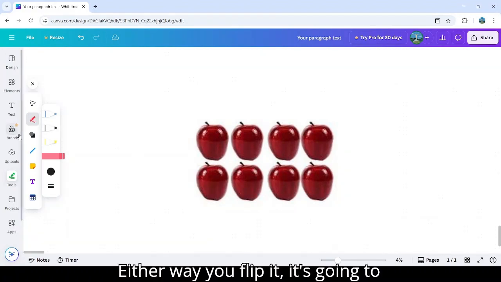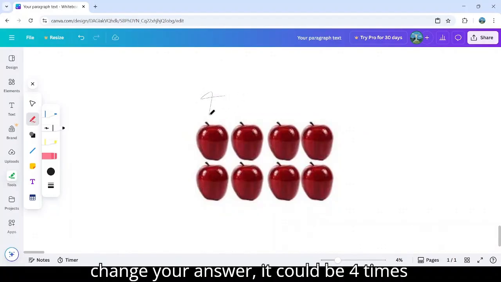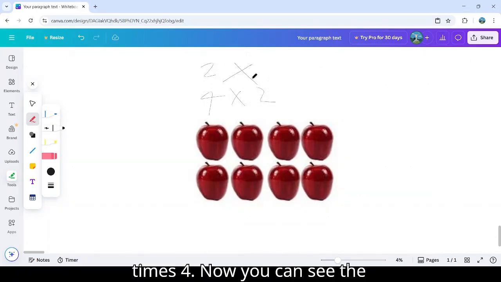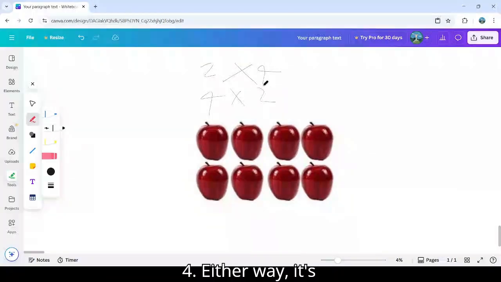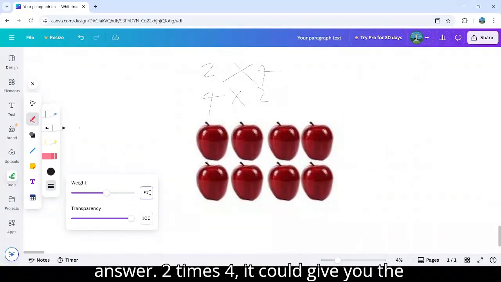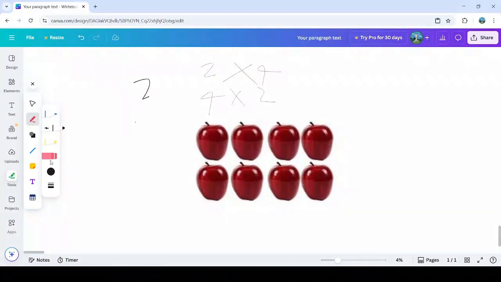Either way you flip it, it's going to give you the same answer. It wouldn't change your answer. It could be 4 times 2, it could be 2 times 4. Now you can see the multiplication sign. Either way, it's still going to give you the same answer.